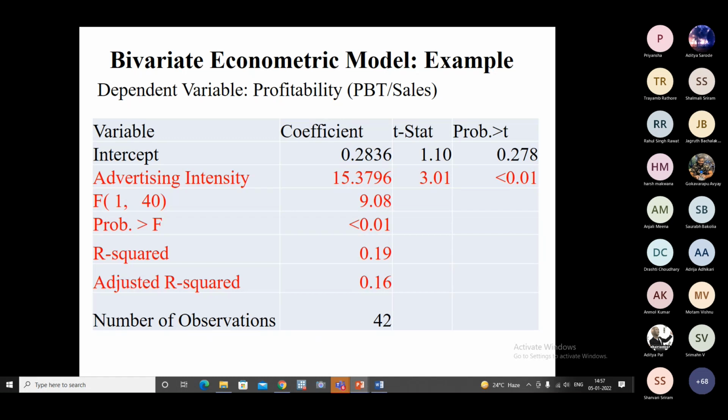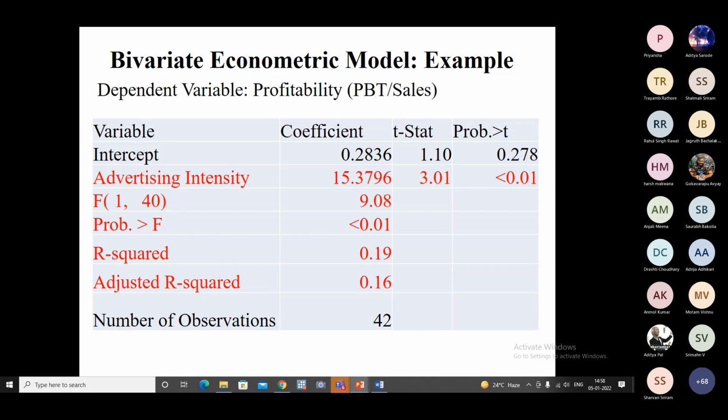We normally say higher the R-square value, better is the model. But again, I am adding a caution. While higher R-square value signals a better model, a model with low R-square value may not necessarily be discarded. Again, a very high R-square value may signal the problem of multicollinearity. So these are some concepts.